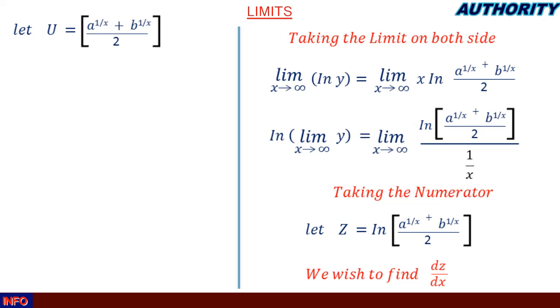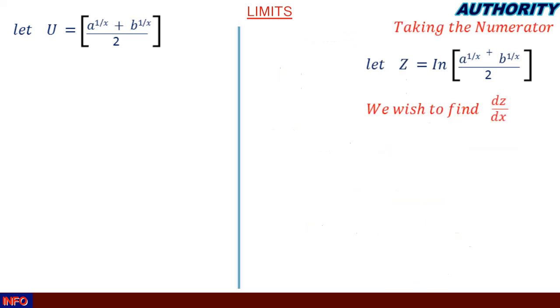Coming back to z, we see that z is equal to ln u. So here we differentiate z with respect to u, and then differentiate u with respect to x. Multiply the two of them, and it will give us dz/dx.